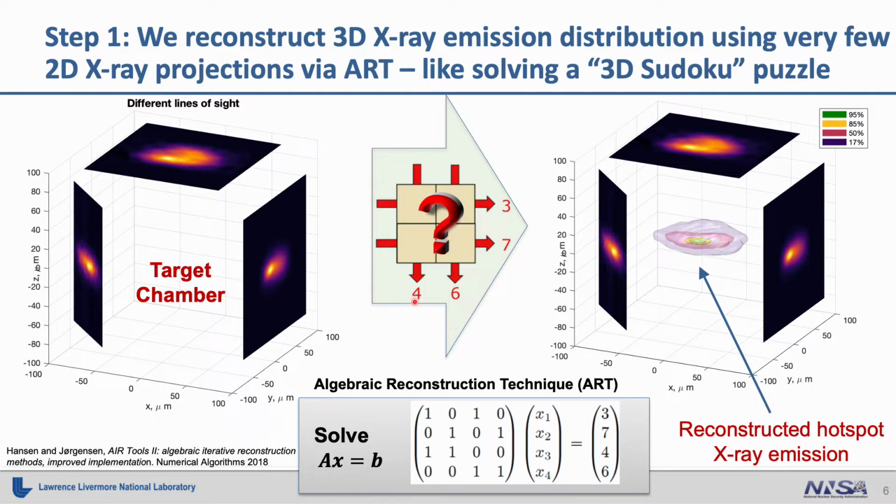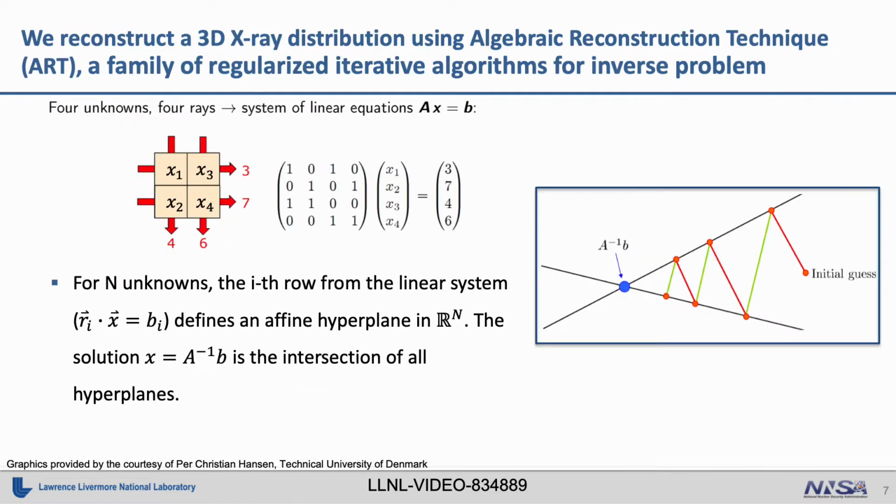And this problem can be transformed to solving Ax = b, where the matrix A is our projection matrix and the right-hand side vector b consists of the projection values. And generalizing this concept to 3D, we can reconstruct our 3D X-ray emission.